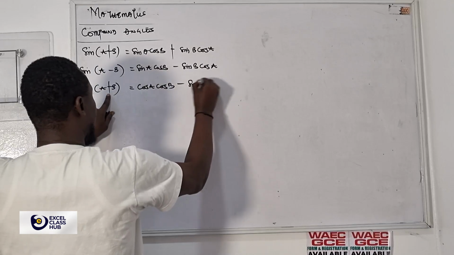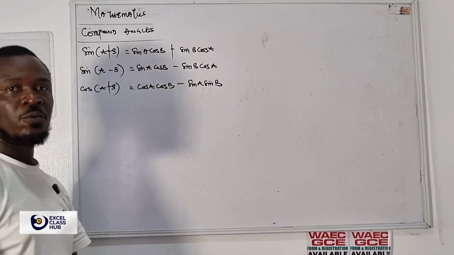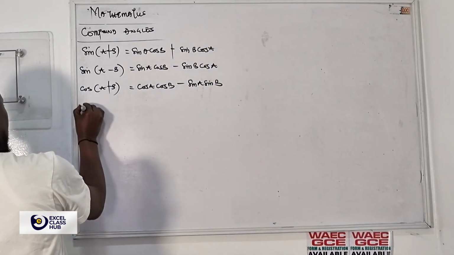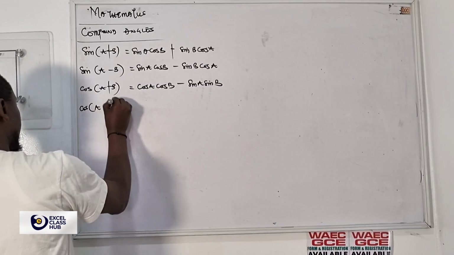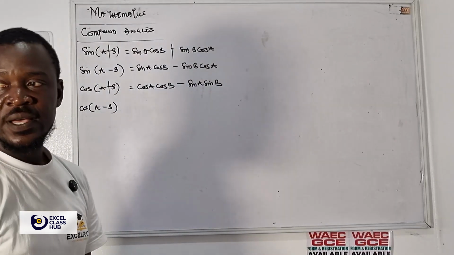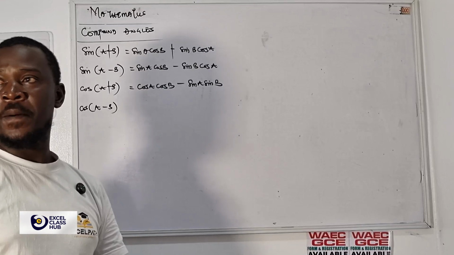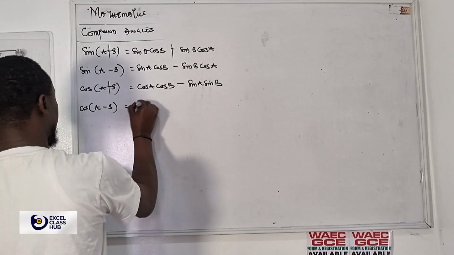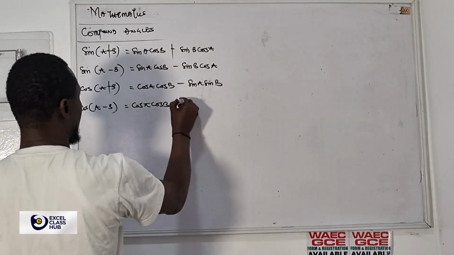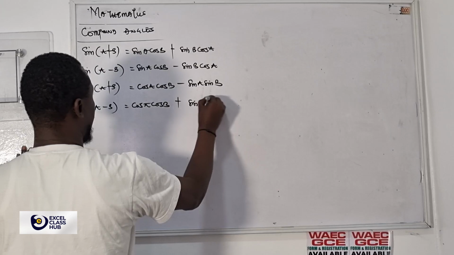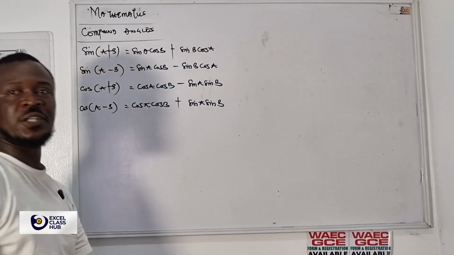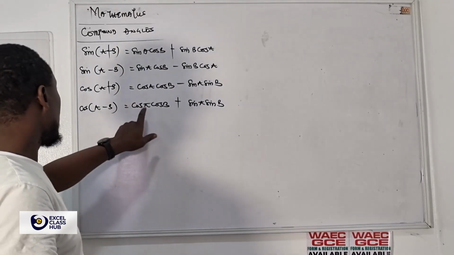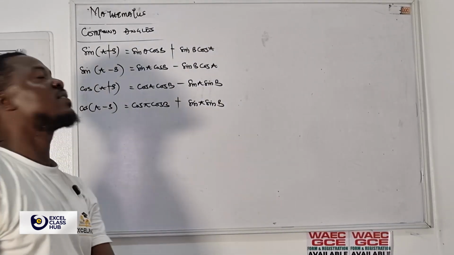I will now have sine A sine B, which is the expansion for cos A plus B. The next one will be cos A minus B. The expansion for cos A minus B will be cos A cos B plus sine A sine B.